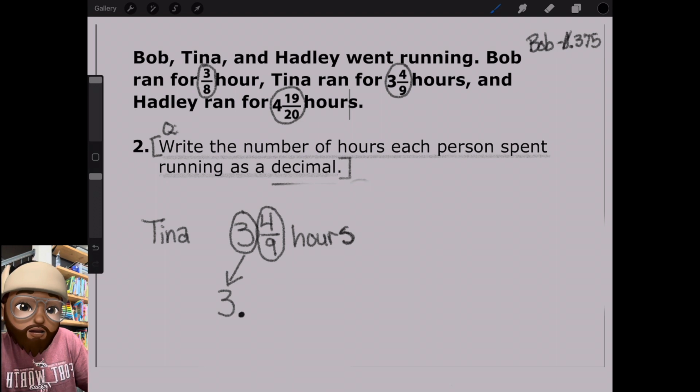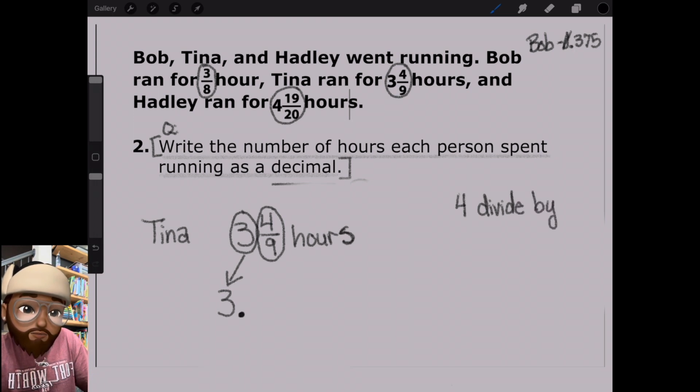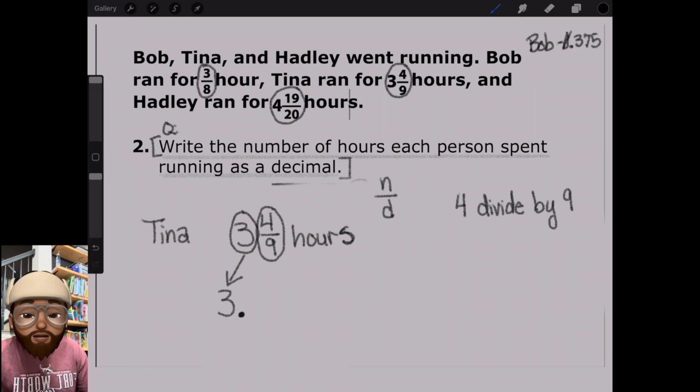So we need to take 4 and divide it by 9, because we have the numerator divided by the denominator. All right, so now we're going to take 4 and divide it by 9.